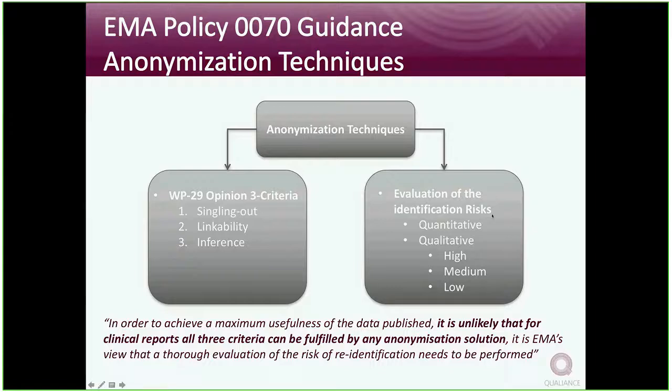The goal, I think, of the EMA is to give enough time to companies to adapt and be able to conduct a quantitative risk assessment. But in the meantime, a qualitative risk assessment is accepted by the EMA. The question is for how long this grace period will last, but the guidance is still referencing those two approaches.